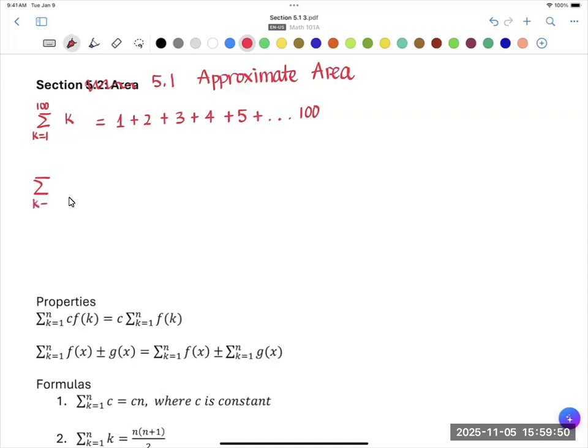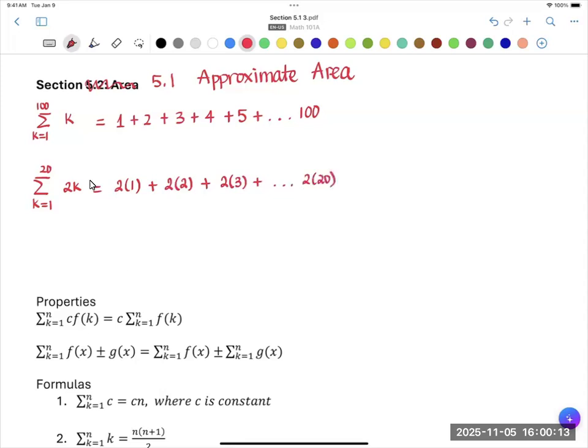So when k equals 1 to 20 of 2k, what does that mean? That means when k equals 1, your first term will be 2, because 2 times 1 is 2. Your second term will be 2 times 2. Your third term will be 2 times 3, until you get 2 times 20.